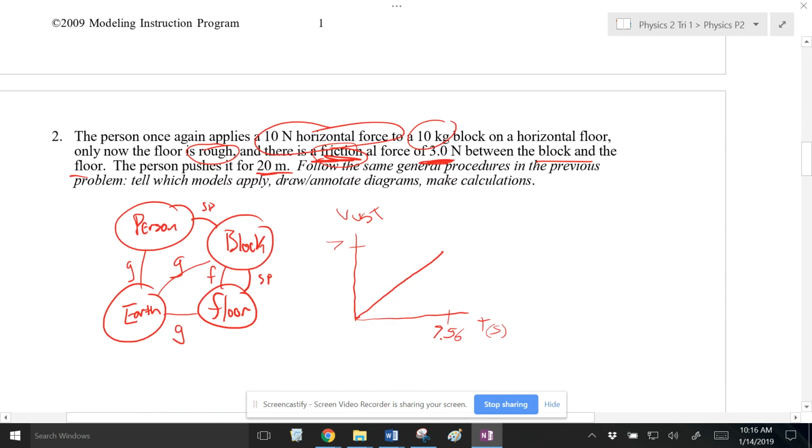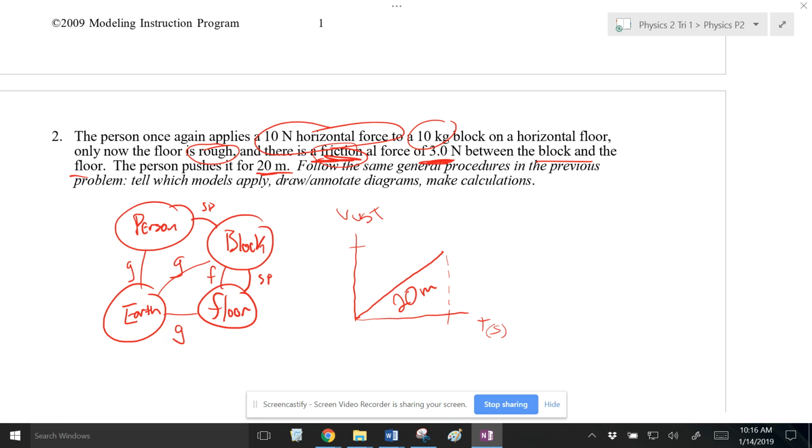Still going the same distance. That's all we know right now, so you can get rid of the numbers on there. We'll pretend we don't know those at the moment. The 20 we do know, but the base and the height we don't know yet.